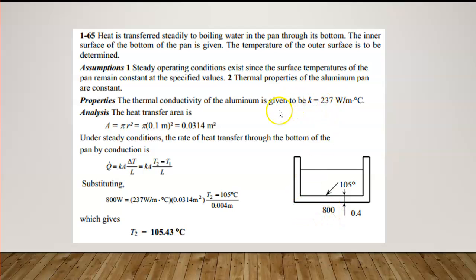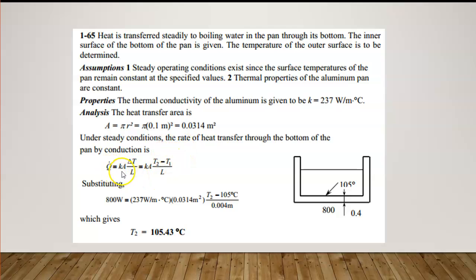The first is to find the thermal conductivity. Aluminium is K equal to 2.37 watt per meter degree Celsius, and the area A equals pi r squared, equal to pi times 0.1 squared, which is 0.31. R should be given.